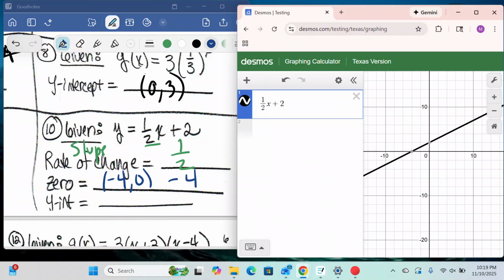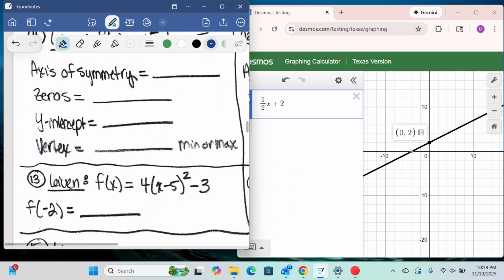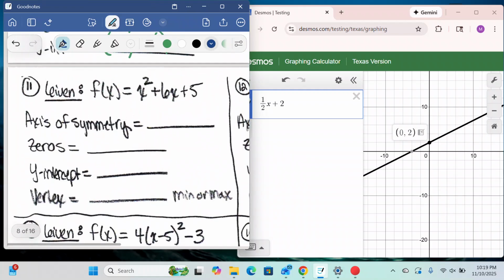And my y-intercept, I'm going to take that away, where it is across my y-axis at 0, 2. And that's my answer. My rate of change is 1/2, positive. It's going to go up. My 0 is negative 4, 0, or my so-called x-intercept, and my 0 will actually be negative 4. And my y-intercept is 0, 2. Very easy if you know how to use the decimals. Number 11, same thing.